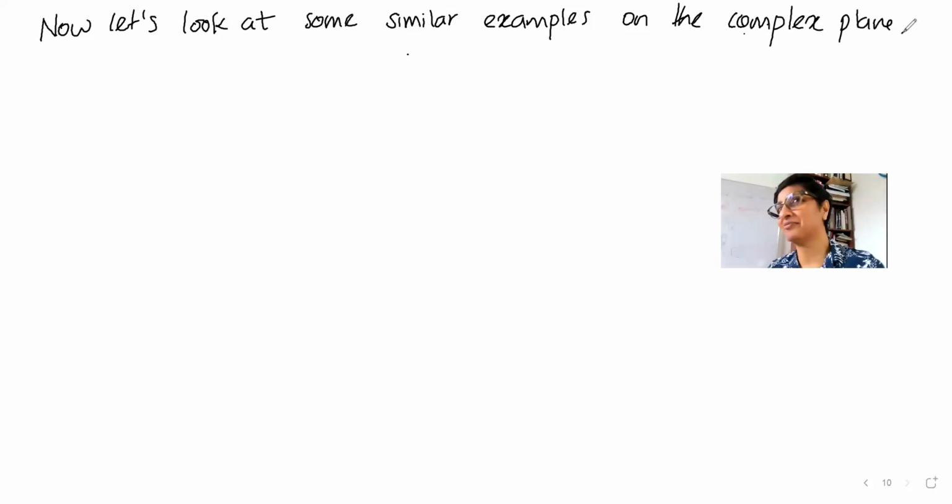Now you can come up with conditions. For example, show me all the numbers whose real part is equal to this much, or show me all the numbers whose imaginary part is equal to this much, or whose modulus is this much, or whose argument is this much.